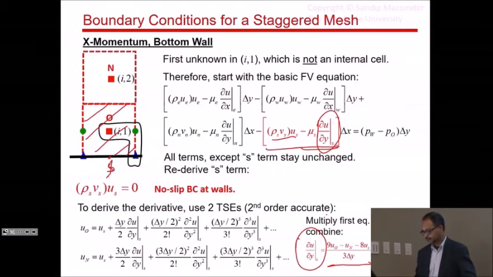So you plug that in. And of course, the u south, this is where you're applying the boundary condition. In that expression itself, the southern face velocity is 0. So you set that equal to 0, you're left with just two terms. Okay?